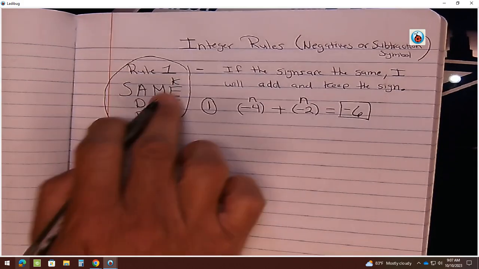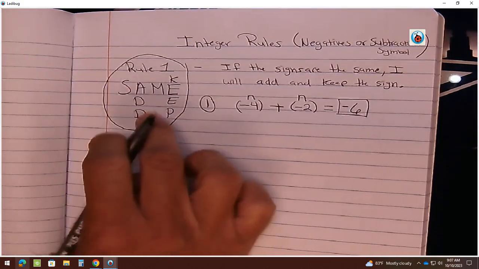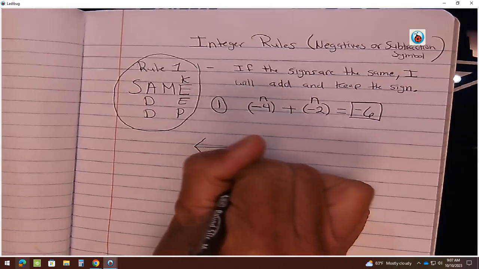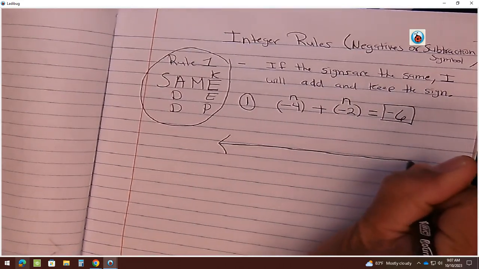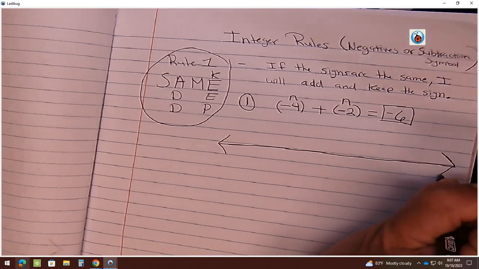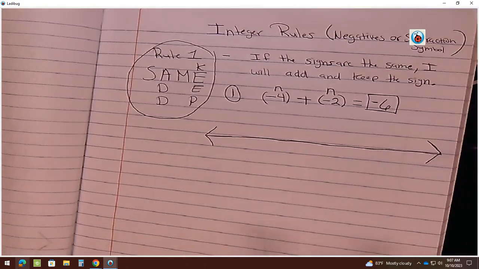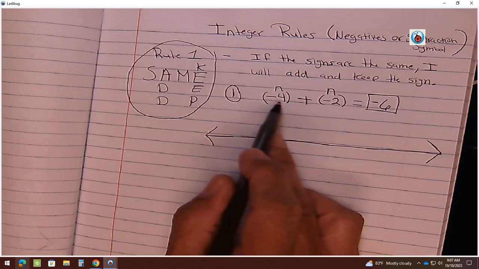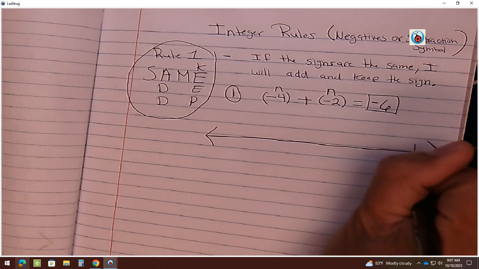Now, to prove that this rule that I came up with makes sense, I'm going to show it mathematically with a number line. So we're going to draw a number line so you can show why it works. Am I going to be making you draw number lines? No. At the beginning I am. Later on, then I'm not. So here we go. I see that all the stuff is what? Negatives. So I know my 0 will be on the right side.